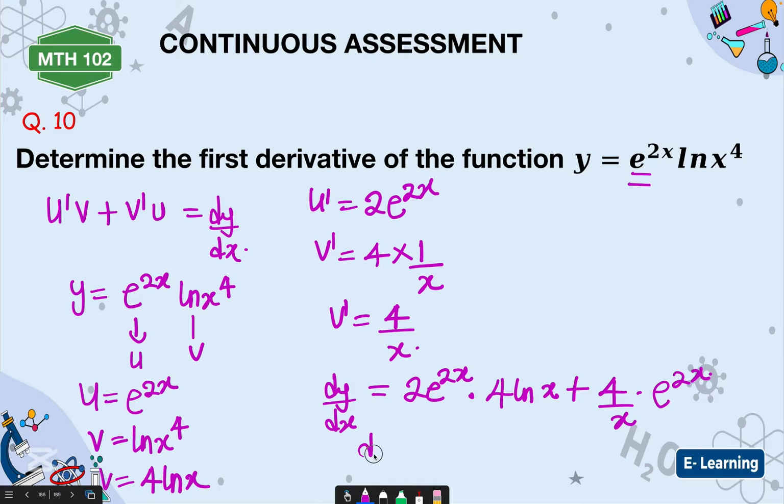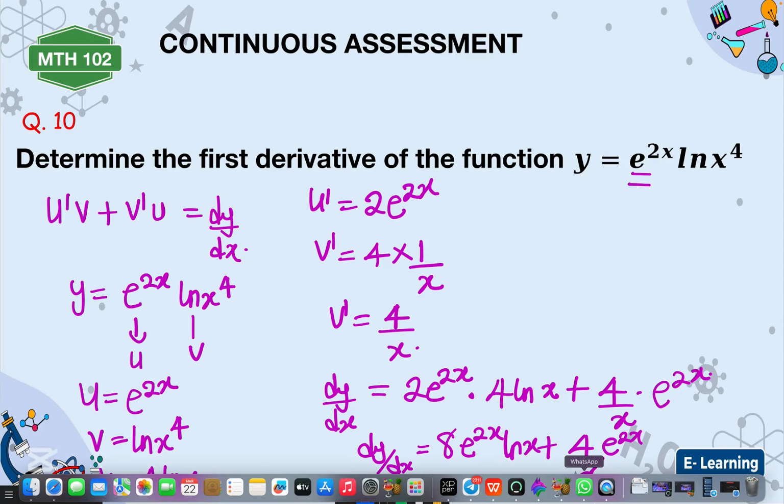So dy/dx will be equal to this multiplied by this, which will give us 8e^(2x) natural logarithm of x plus 4 over x e^(2x). And that will be the answer to that question. It's a very, very simple one. All right.